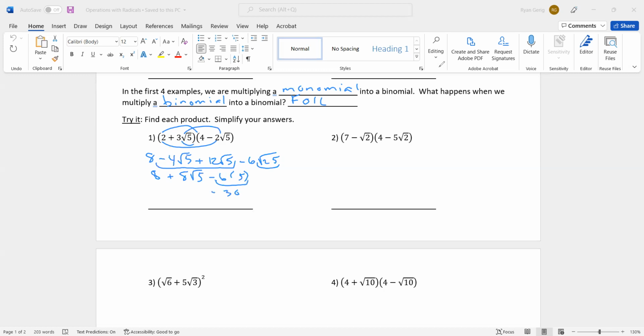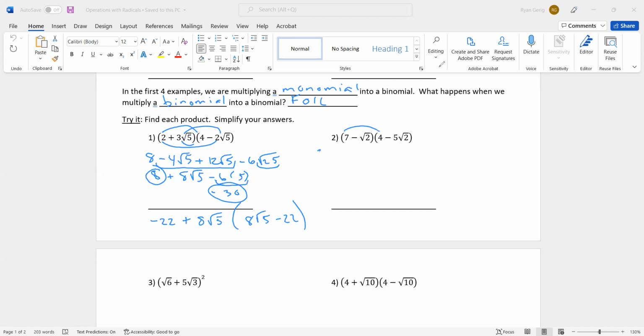And that's negative 30. But then I can put 8 and negative 30 together. 8 and negative 30 is negative 22 plus 8 radical 5. Another way of writing that would be 8 radical 5 minus 22. Either way is fine. Okay, I know that was a lot. I did it pretty quick. We're going to do a couple more of these.